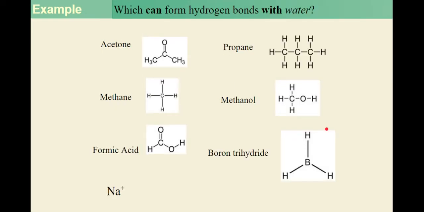Now, a different question. Since water is a really, really common solvent, we often want to know, how do these things interact with water? So could it form hydrogen bonds with H2O? So remember, water being polar and already having an oxygen, it already can provide a hydrogen attached to the oxygen. So the other component doesn't necessarily have to have a hydrogen.